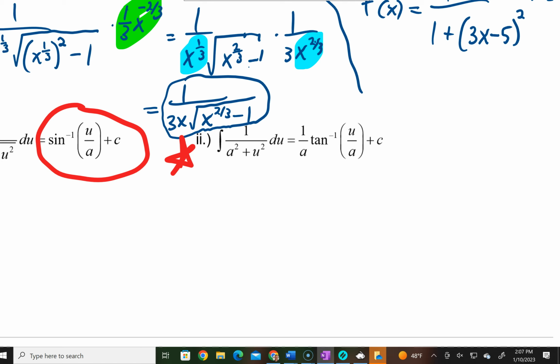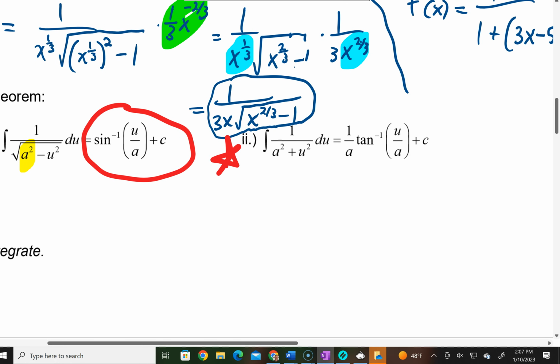You're going to see this way, way more. And when you have 1 over a squared plus u squared, notice what happens. You get 1 over a inverse tangent of u over a plus c. And the u's there are definitely set up to help you with u substitution.